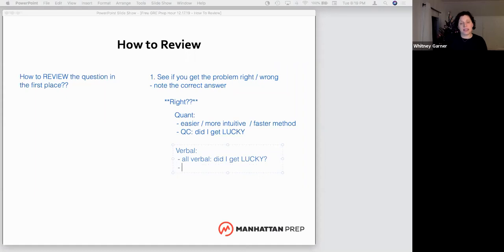But then the second piece of it is for any of the reading, so less than the vocab, but any of the reading. What we want to look for is exactly what Anna mentioned. Is, again, did I get lucky, but did I eliminate the wrong answers for the right reasons?